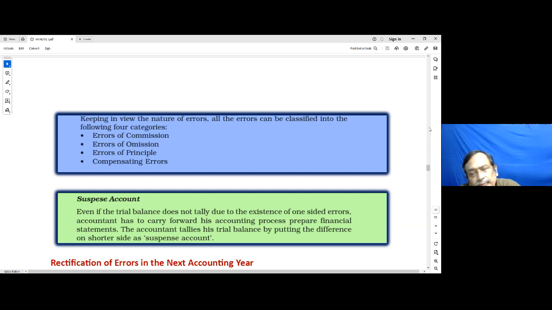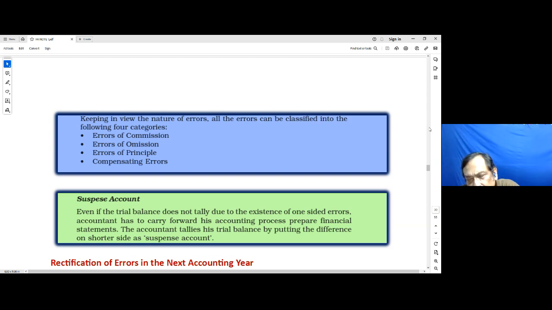Supposing you purchase an asset for business purposes, then the asset account is debited and the supplier account is credited, say for machinery. Now, instead of debiting the plant and machinery that we have purchased, you have debited the purchase account. That is called an error of principle. Say you have purchased goods, then purchase account debit to cash or bank, or purchase account debit to creditors.